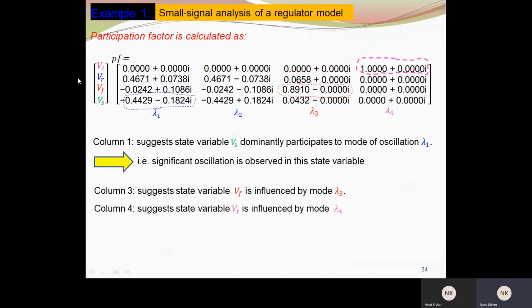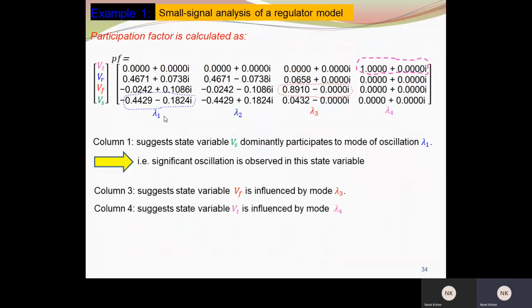Now we have the representation of the participation factor. On the row vector, we have the state variable, and column-wise we have the eigenvalues representation.